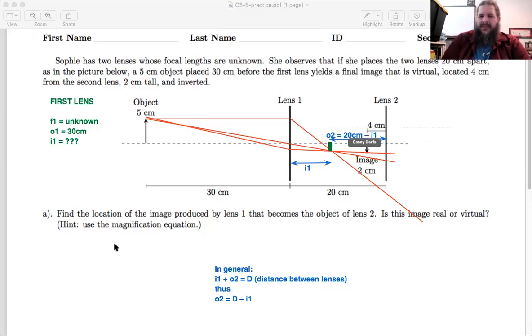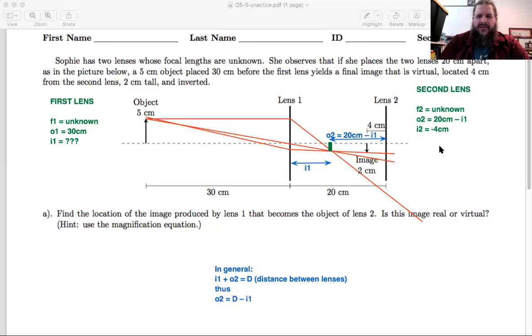And now we're getting somewhere, because for lens 2, if we set up the same sort of analysis, F2 is still unknown, but we know O2 is 20 centimeters minus I1. Again, we don't know what I1 is, but we can at least write it in terms of that unknown. And I2, the actual image distance, is 4 centimeters. However, since it's a virtual image, that'll be -4.